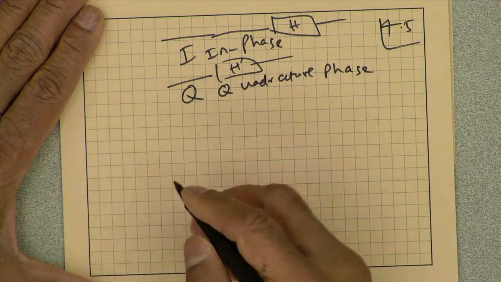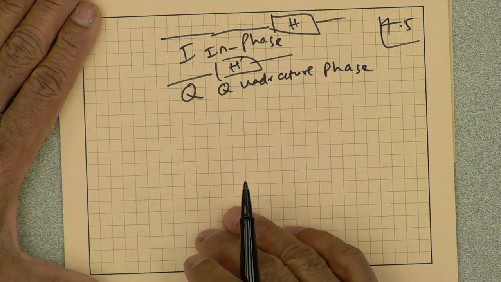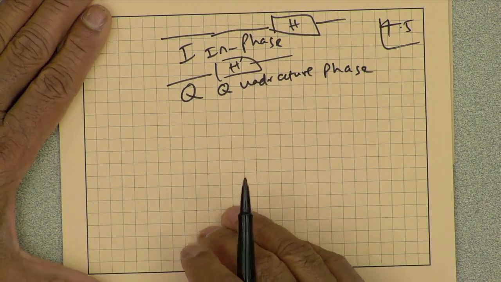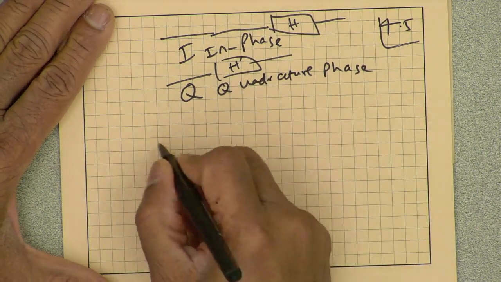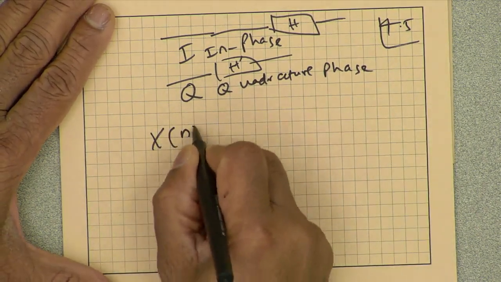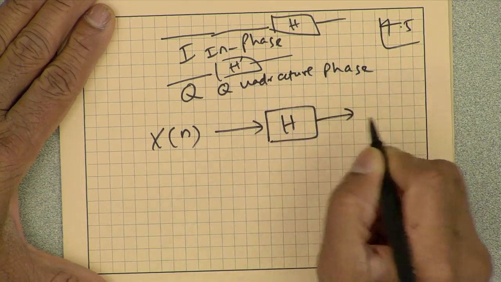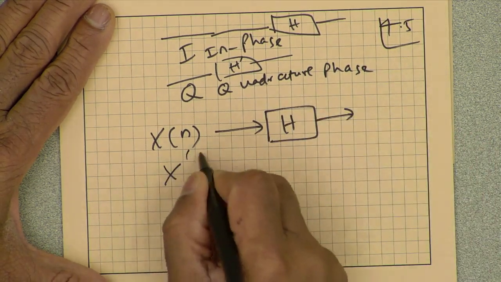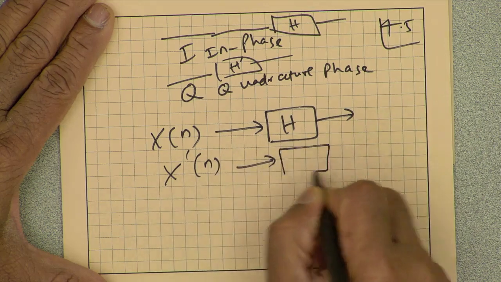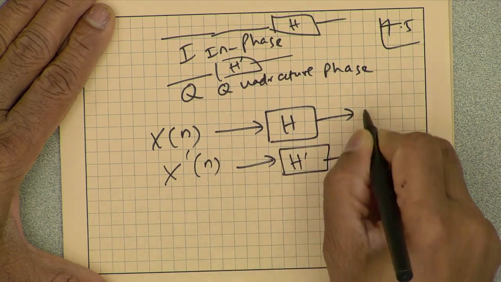There are many applications where we need to filter many time series. Another example might be, let us say that I have a signal x[n] that is filtered by a certain filter H, and I have another signal x'[n] that is filtered by another filter H'.